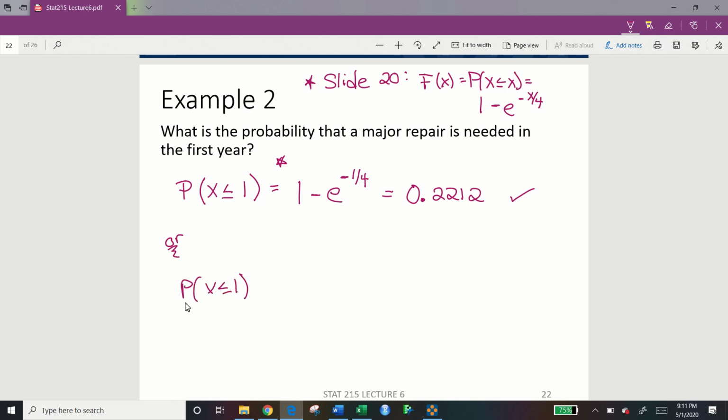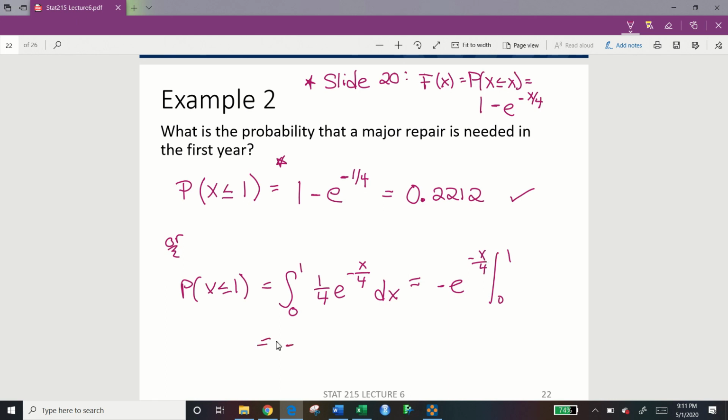So if we want the probability of x less than or equal to 1, we would integrate our function 1/4 e to the negative x over 4 dx from 0 to 1. Integrating, we would have negative e to the negative x over 4 with our bounds 0 to 1.